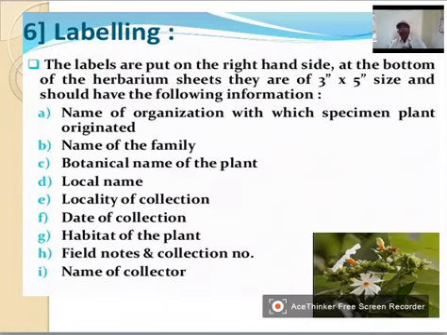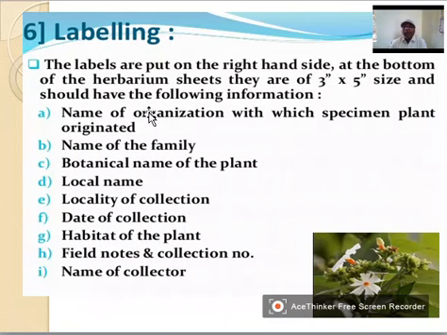Now, labeling. The labels are put on the right hand side at the bottom of the herbarium sheets. They are 3 by 5 cm in size and should have the following information.